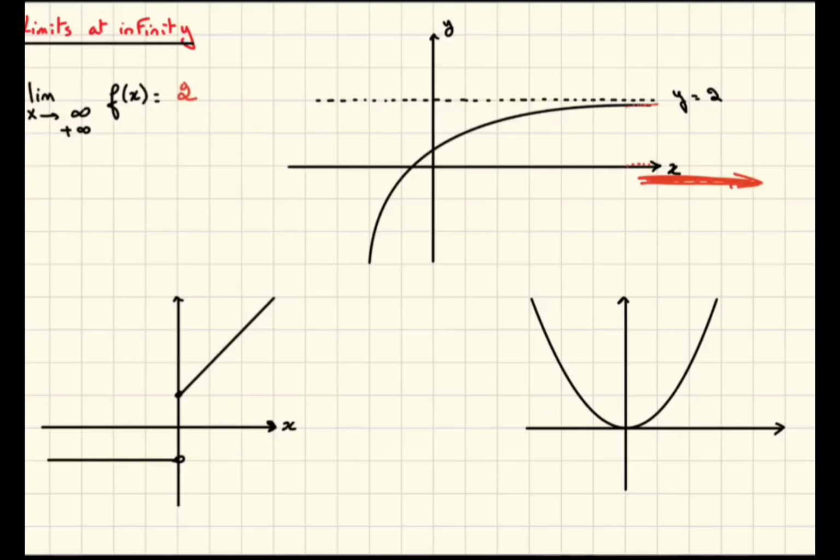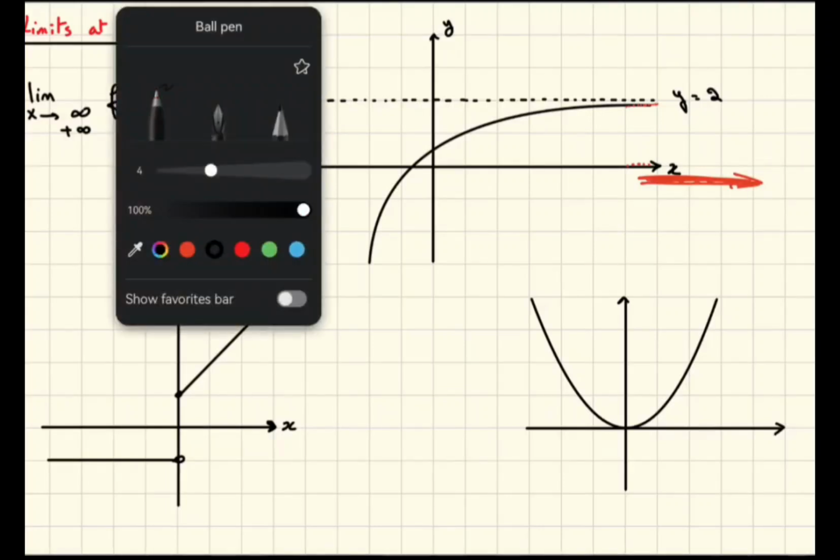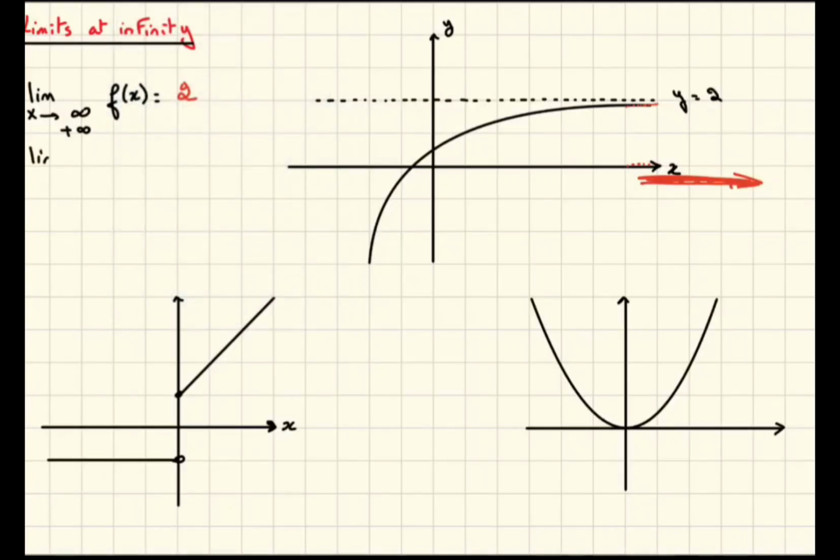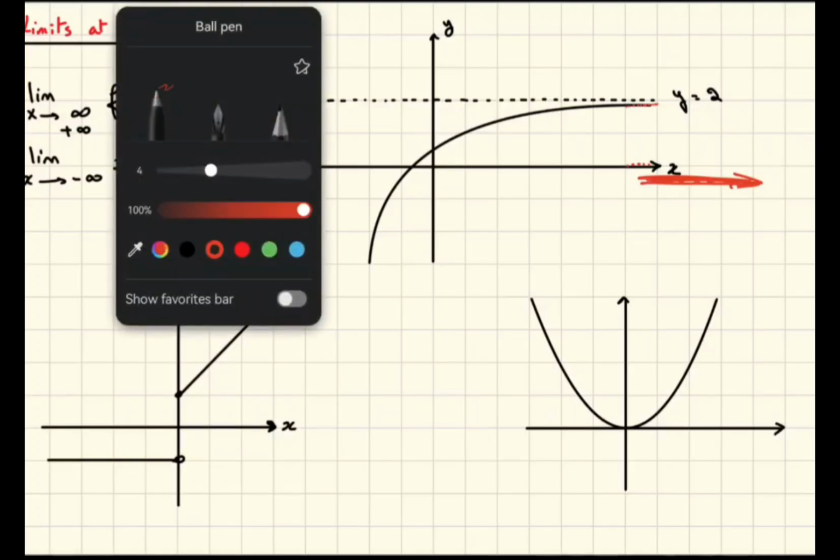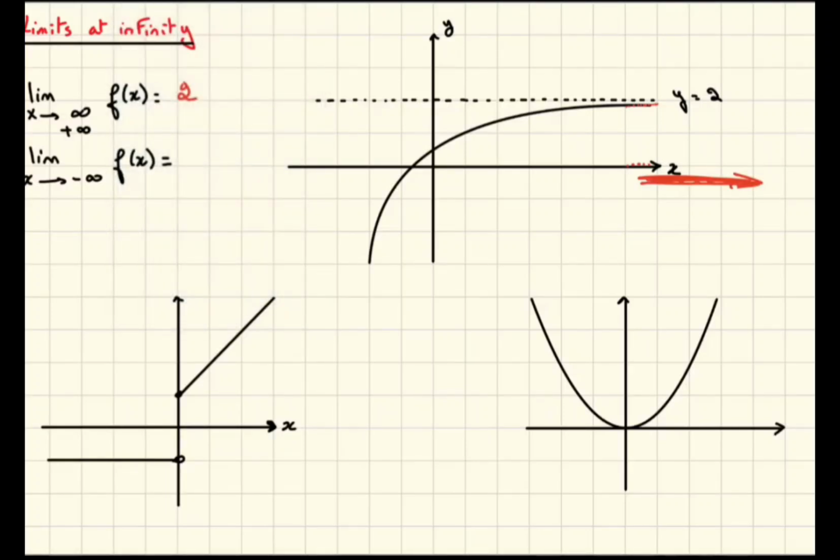Now, if the question is, what is the limit as x approaches negative infinity of the function f of x? Again, negative infinity means I'm talking about small values of x, or I can say as x decreases. What's happening when x decreases? I can see that the graph is getting smaller and smaller and smaller, and it's going down.